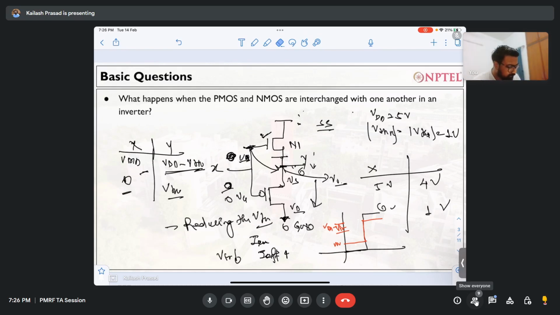The problem is that the output is not reaching the maximum value. It should reach VDD, but it is not reaching VDD; it goes only to VDD minus VTH, and it does not completely go to zero. Can a capacitor supply the required voltage? But how?